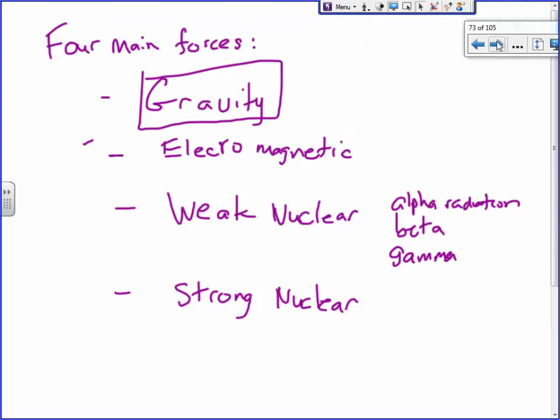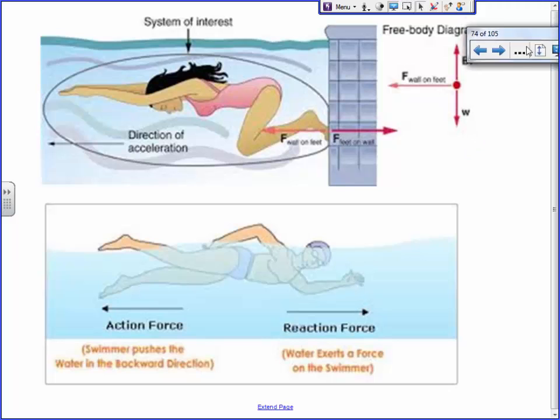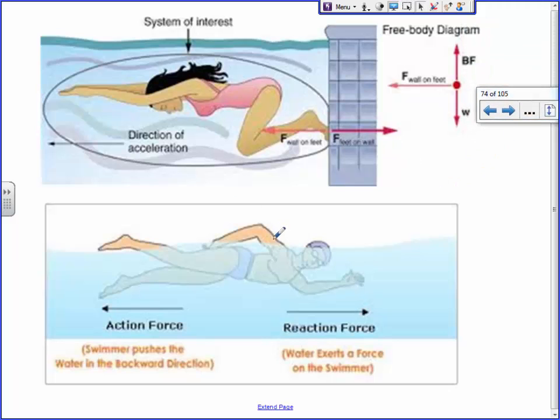Let me show you some more slides to talk about that whole Newton's third law idea. Here's some people swimming. I found this online. I thought this was worth looking at. When this person pushes themselves forward off of a wall for swimming, Newton's third law is in play. Because really, this person is pushing the wall. However, the wall is fairly large, fairly massive.